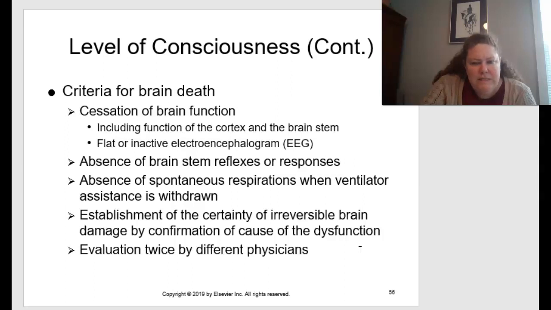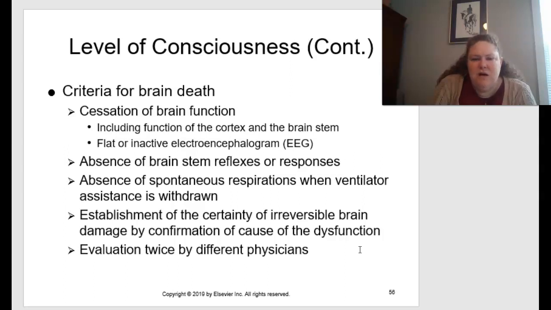So, what about the criteria for brain death? Cessation or stopping of brain function, and this includes the function of the cerebral cortex and the brainstem. You would have a flat or an inactive EEG, so electroencephalogram. There would be an absence of brainstem reflexes or responses, also an absence of spontaneous respirations when the ventilator assistance is stopped, so you're taken off the vent and you can't breathe on your own.